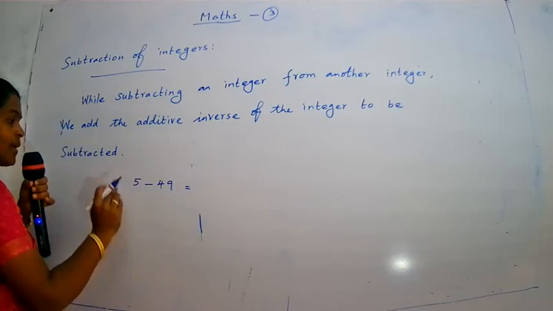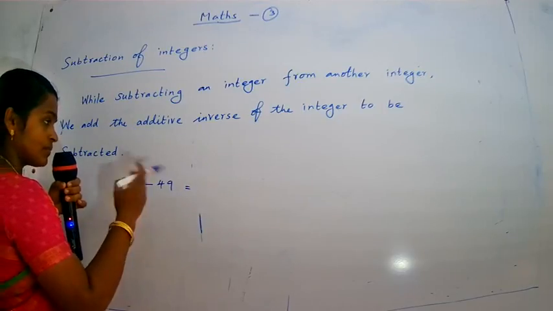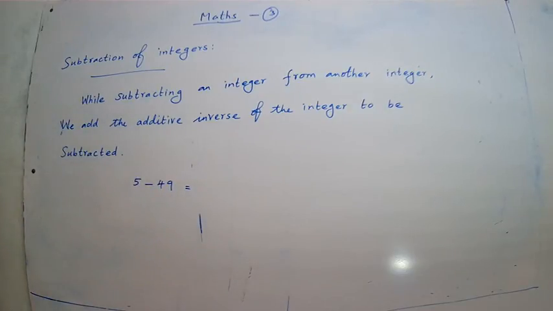Subtract 49 from 5, yes or no? So what is the answer? 5 minus 49. The answer is minus 44. Why?